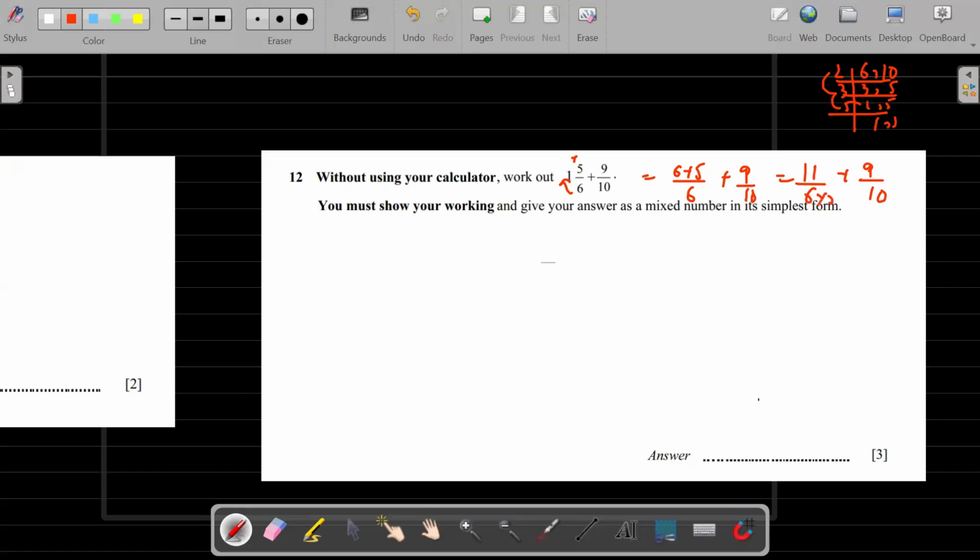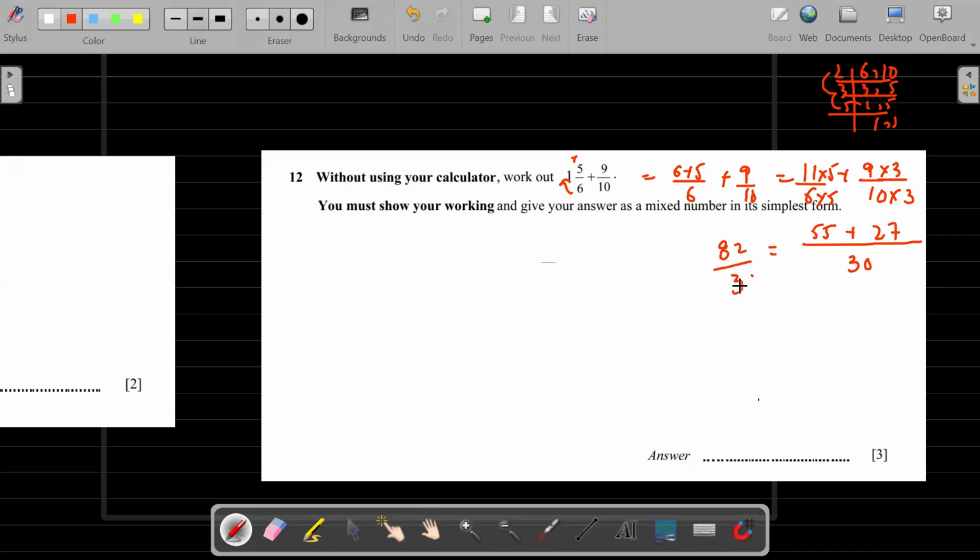How can I make 30 over here? 6 times 5 is 30. So I will be writing 5 in the numerator. 3 will be written as well, because I have to multiply with the same number in the numerator as well. Now my denominator is same, which is 30. So 11 times 5 is 55 plus 9 times 3 is 27. Let's add them up. So it will be 55 plus 27, which is 82. 82 over 30.